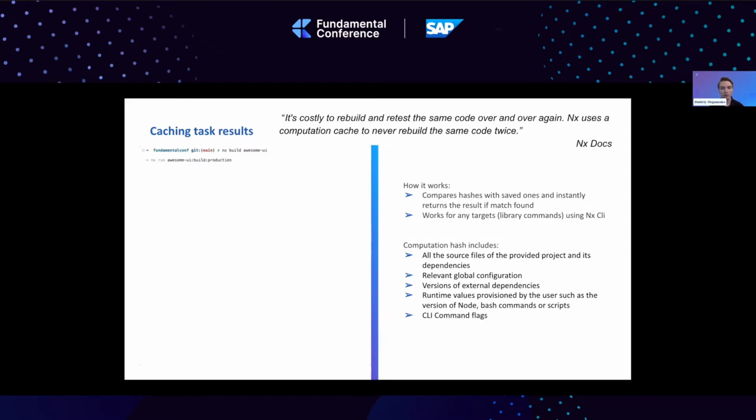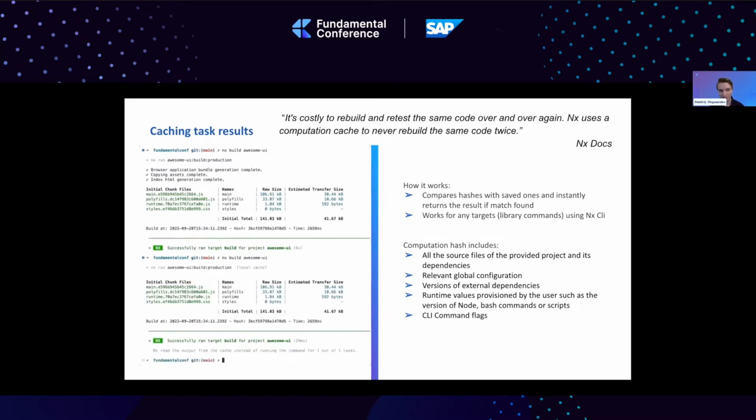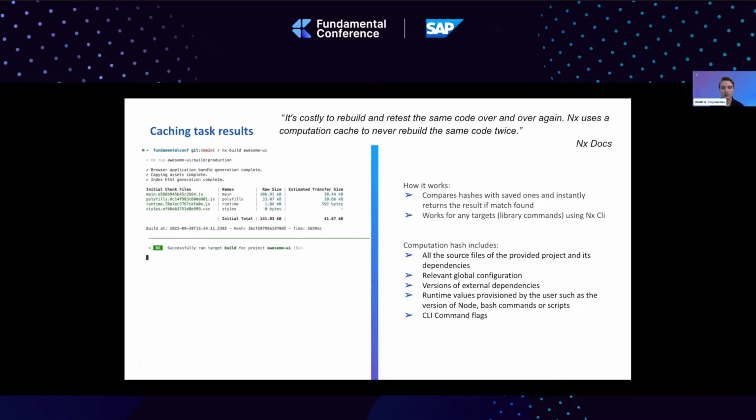So our cached build command that you can see on the left will actually place artifacts in the dist folder. And from the user standpoint, the command ran the same, just a bit faster. You can see that I'm running it 2 times here, and firstly it takes 6 seconds to run, and the second time is only 29 milliseconds because it's instantly retrieved from cache.